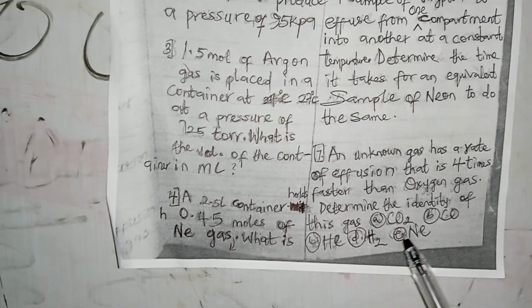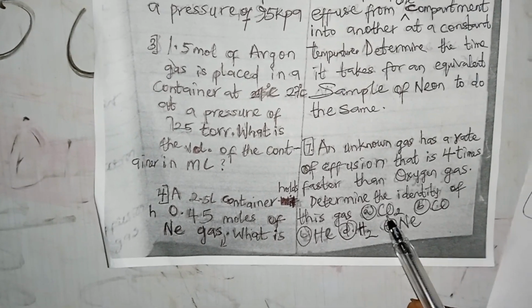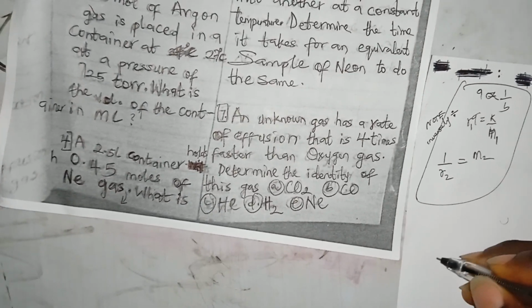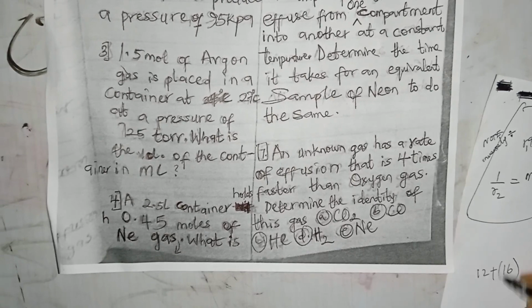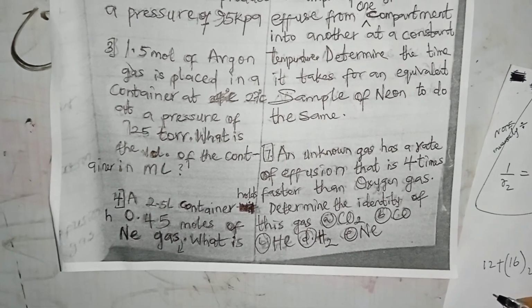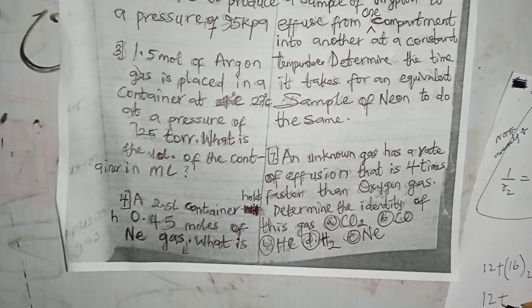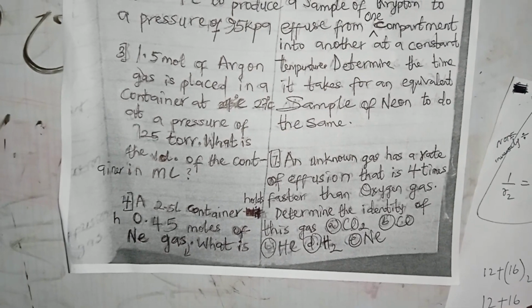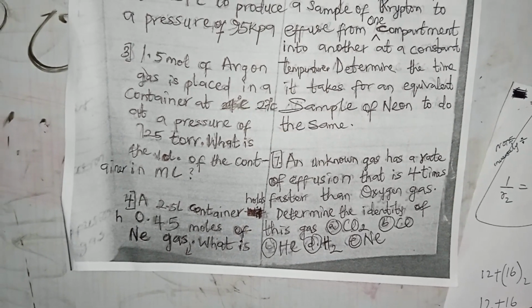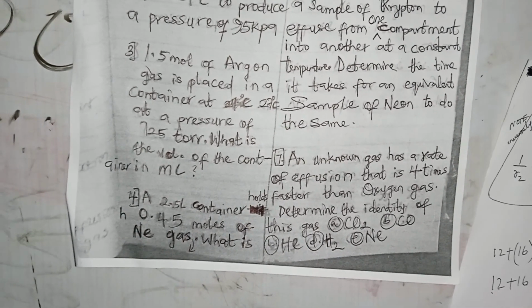So if M1 is 2, let's check the options. The molar mass of carbon dioxide is 12 plus 16 times 2, which is 44. It's not possible. Then this one is 12 plus 16, that is 28, and this 22. It's not possible.